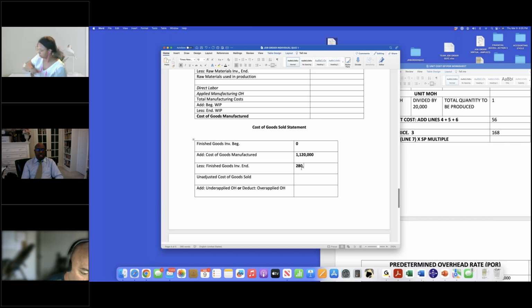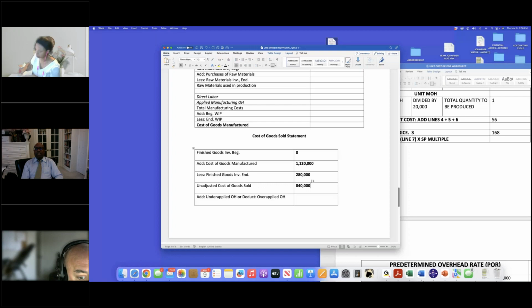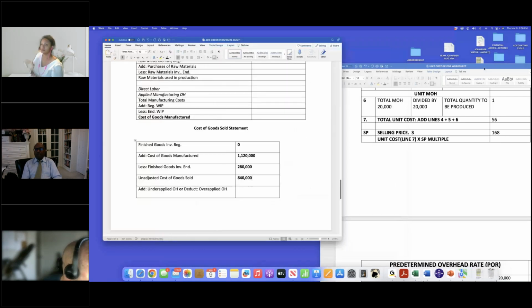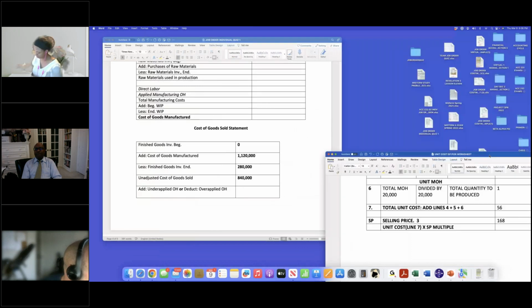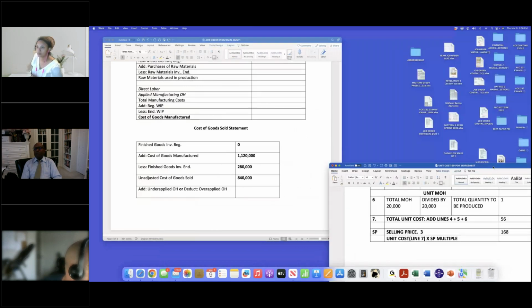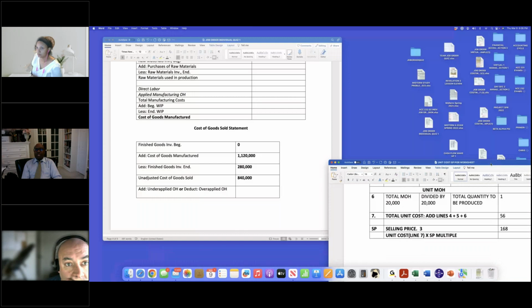So our unadjusted cost of goods sold in this case is going to be the 840. We didn't have any over or under, so we're done. Ladies and gentlemen, that's the problem. It's done. Any questions? We're finished in 30 minutes.